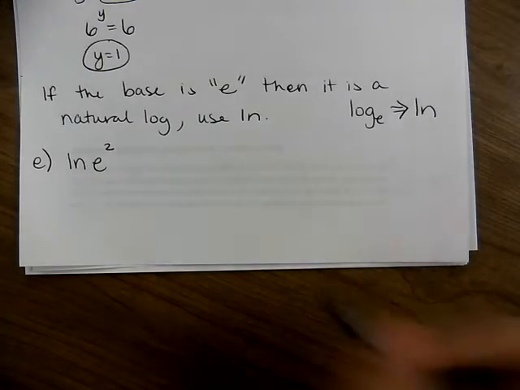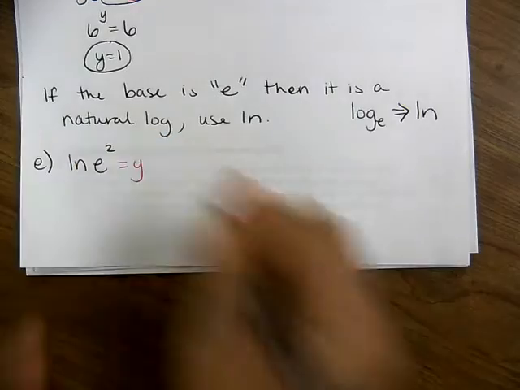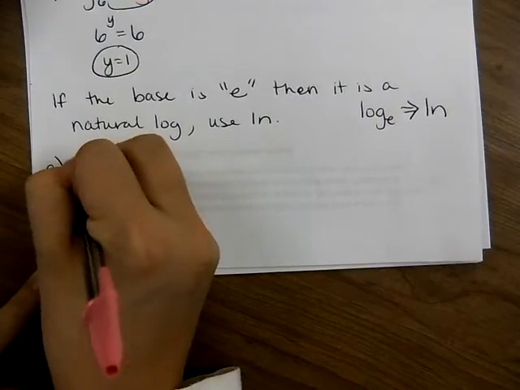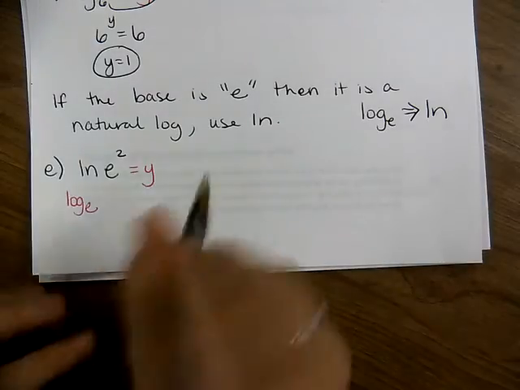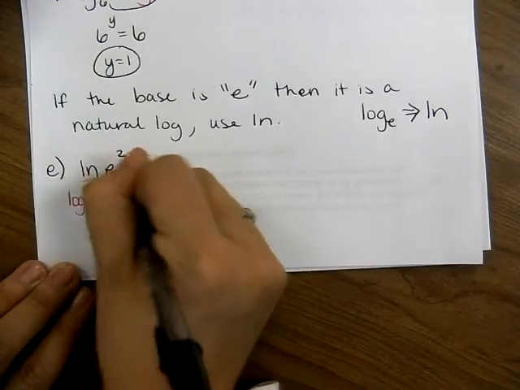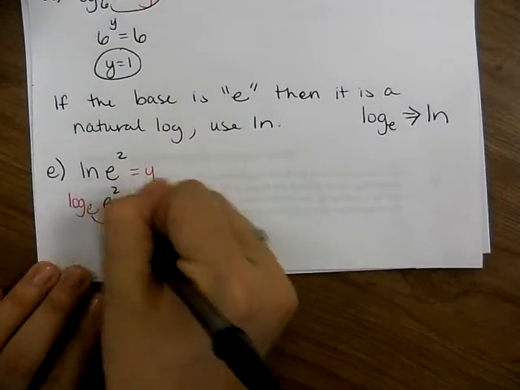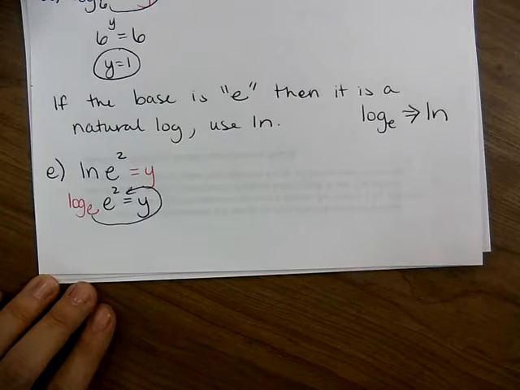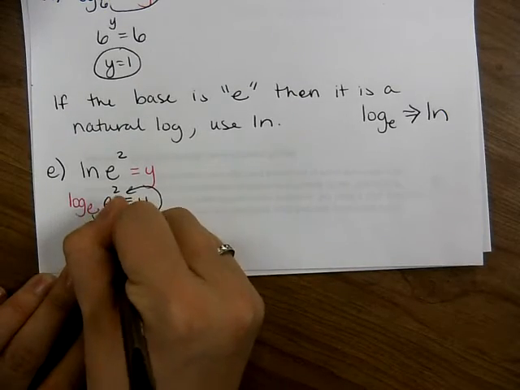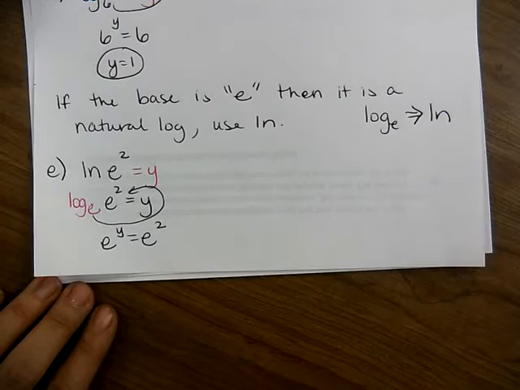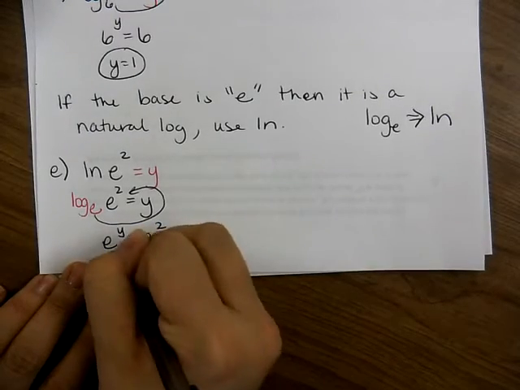It's your choice, but we're still going to set this equal to y. And instead of natural log, I'm now going to have log base e of e squared equals this y. And now when I change it, I'll be able to match those bases. So you still change it to exponential form, so you still get e to the y equals e squared, so therefore y has to equal 2.